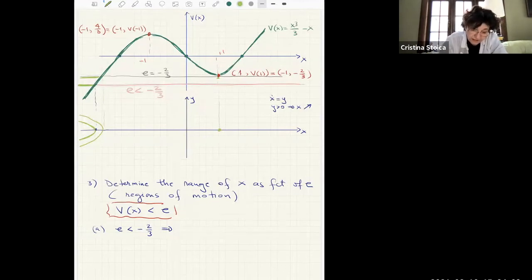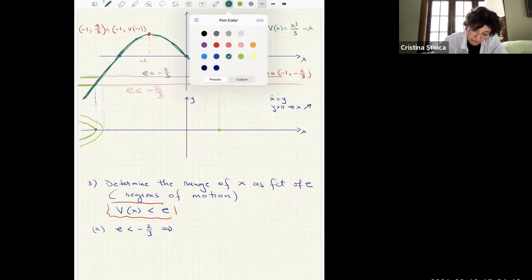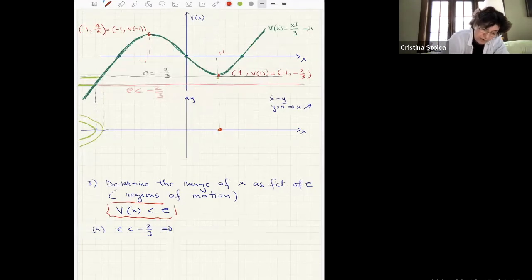And actually, that's how we determined -1 and 1 as equilibria, didn't we? There were equilibria. So I'm going to put them here at -1 and 0, since y is always 0 for these, and 1 and 0.